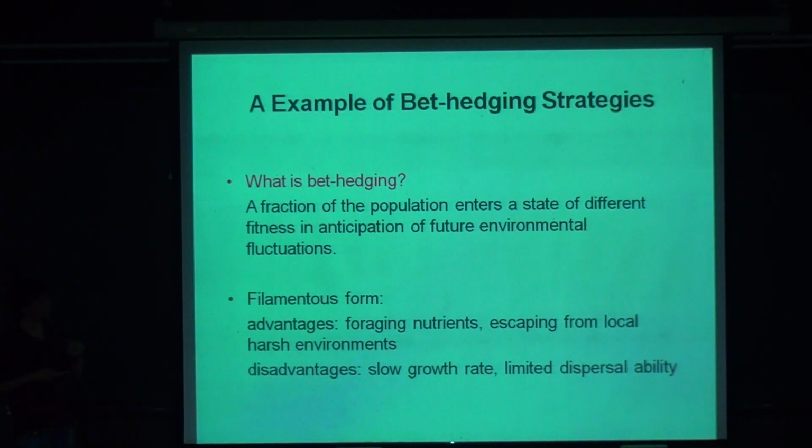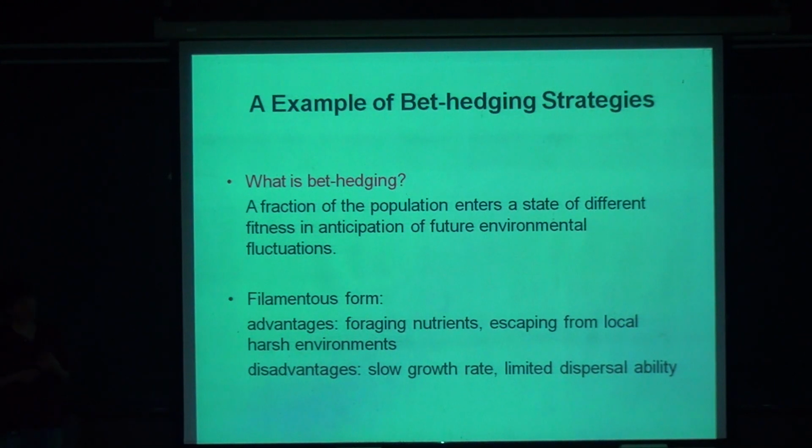But on the other hand, when the cell becomes filamentous, actually they grow much more slowly. So if you say the cell division time is the way to compete with other individuals, those filamentous forms actually are not so fit, because compared with those round shapes, they cannot grow so quickly.